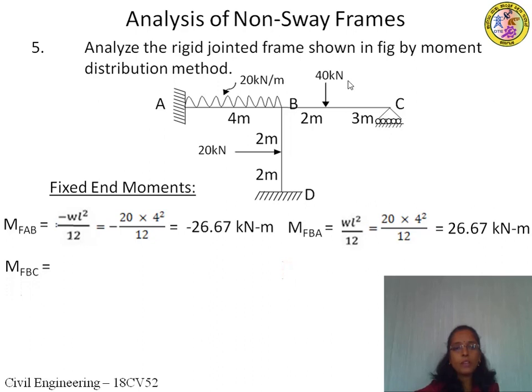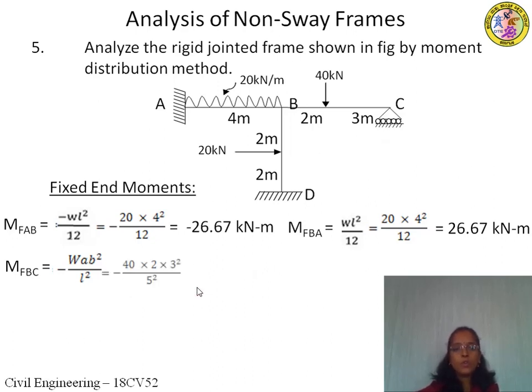Next, MFBC. BC is subjected to an eccentric point load. The point load is at a distance of 2 meter from end B and 3 meter from end C. MFBC is calculated by the equation minus WAB square by L square, where W is the magnitude of the point load 40, A is distance of the point load from the left end, that is 2 meter, and B is distance of the point load from the right end, that is 3 meter, and L is span of the member.